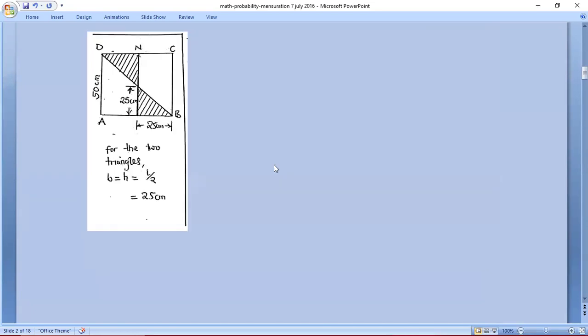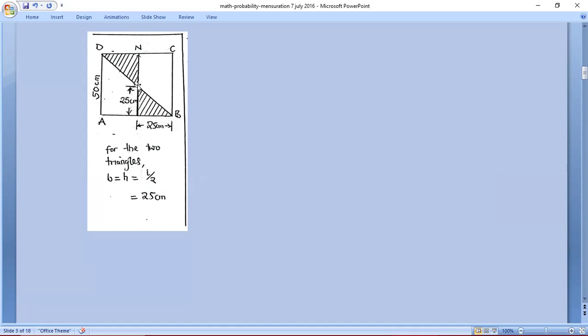Okay, so I've redrawn this diagram, just to highlight some facts on it. Notice that from M to O, this distance is 25 centimeters because it's exactly half of this 50.